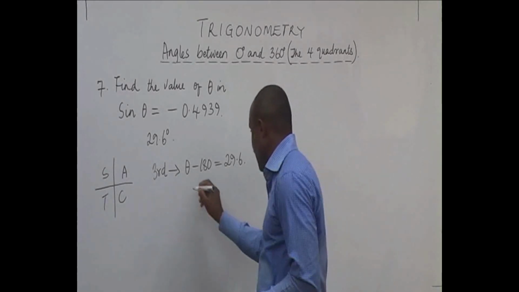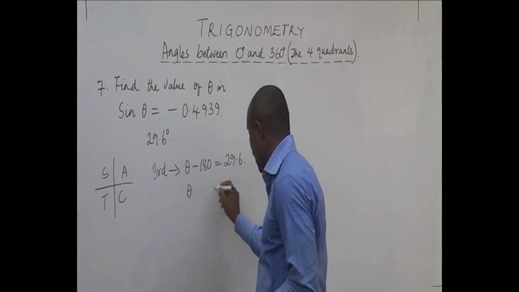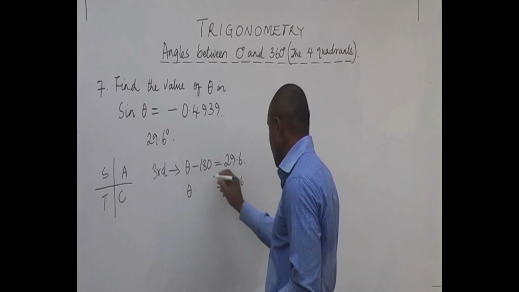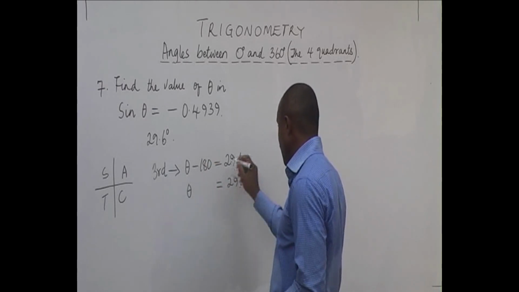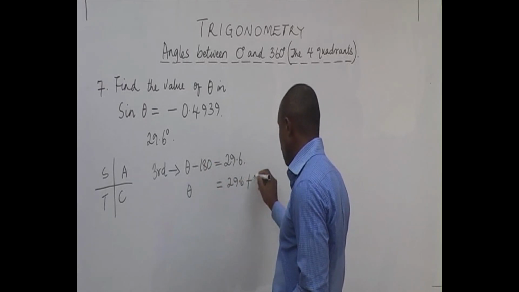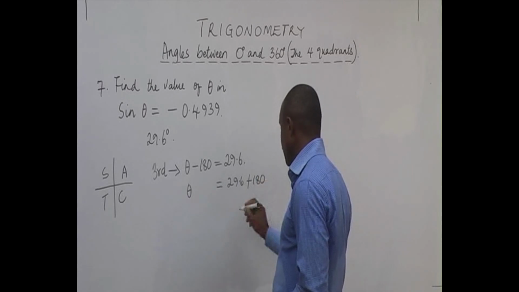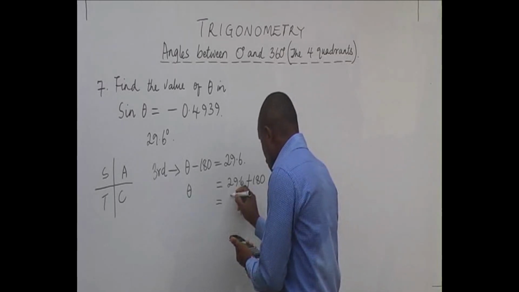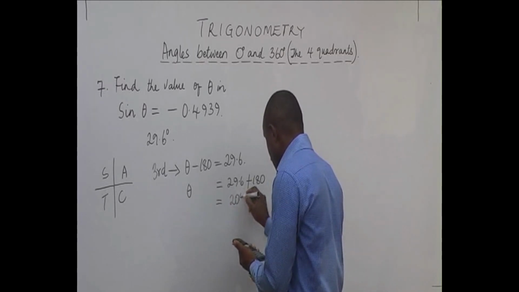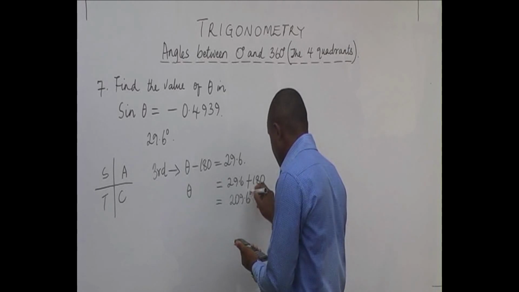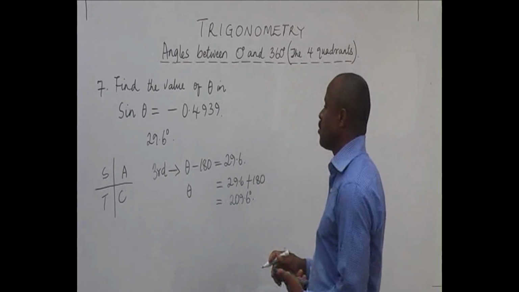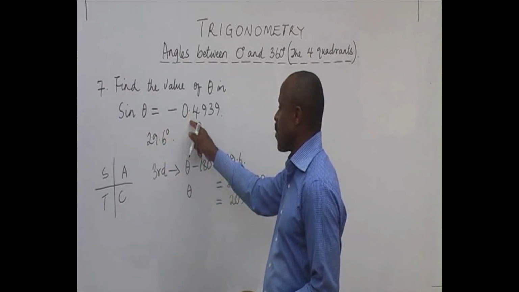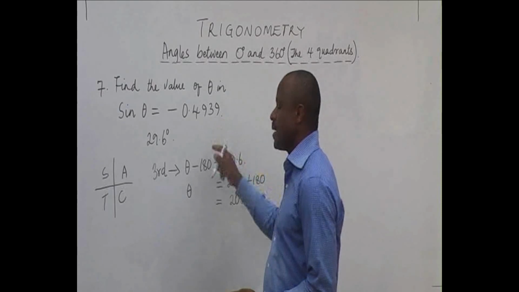Now, that means theta is going to be equal to 29.6 plus 180, with 180 changing sign as it crosses over. Theta is giving us 209.6 degrees. That is one of the values of theta for which sine theta is minus 0.4939.